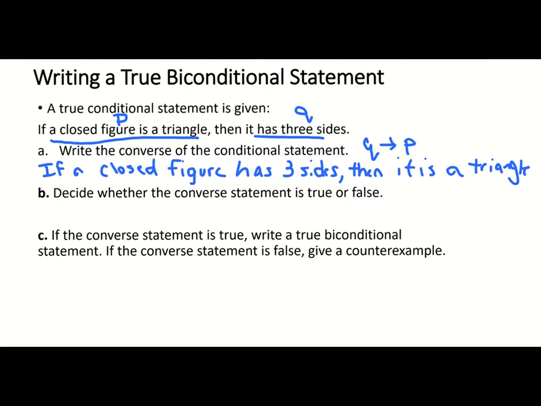Now we have to look at that. Is that a true statement? If a closed figure has three sides, then it is a triangle. That is a true statement. So the conditional and the converse are both true. So now we can write it as a biconditional statement. If it was not true, then we have to give a counterexample.